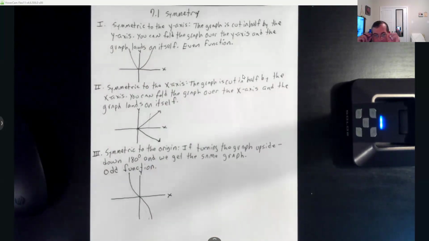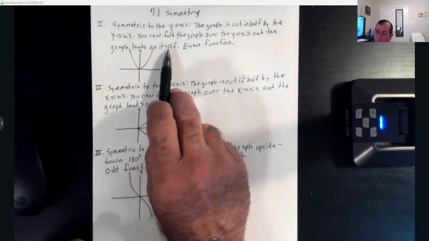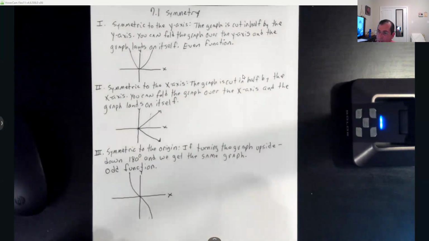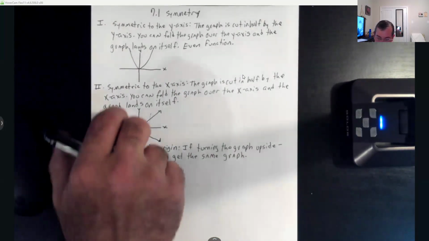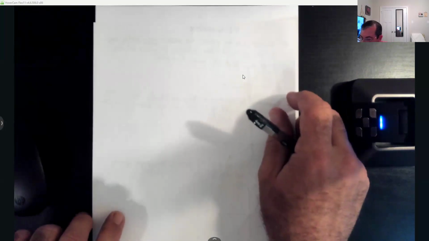So for these examples, I'm just going to draw graphs and we're going to determine whether it's symmetric to one of these three, okay? So y'all let me start on these examples.